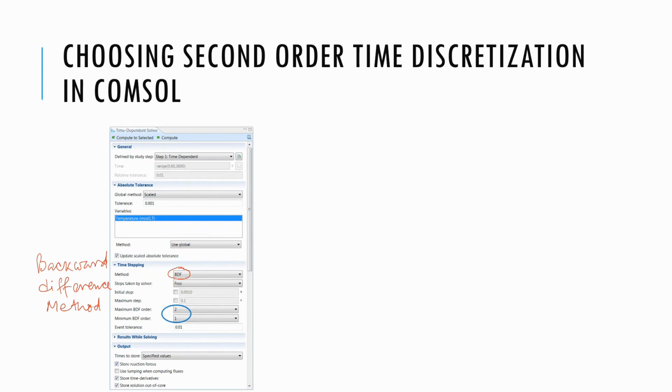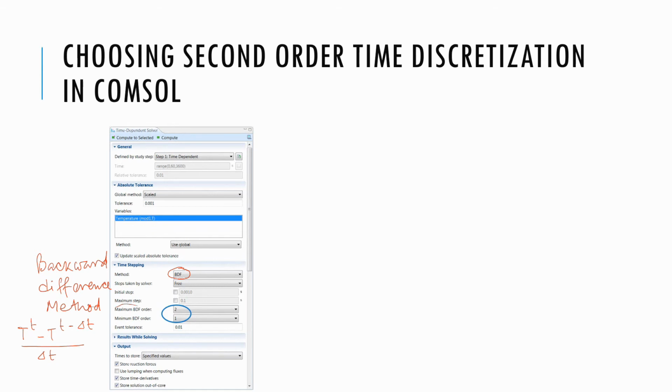A first order backward difference method would be t minus t minus delta t over delta t, if we write it that way. And the second order is the one that we just showed in the previous slide.